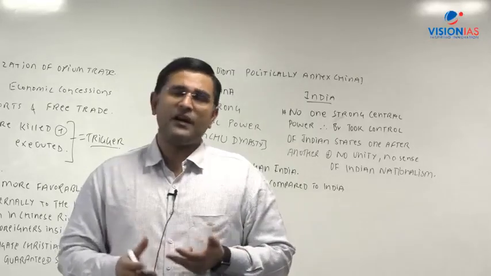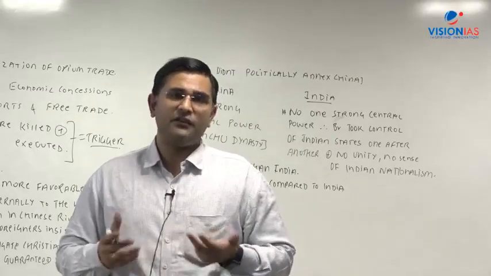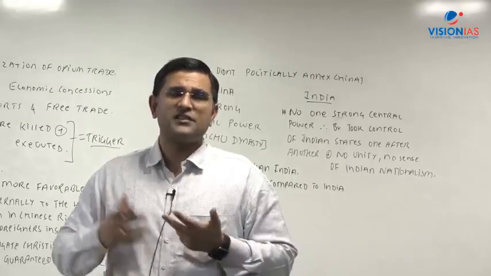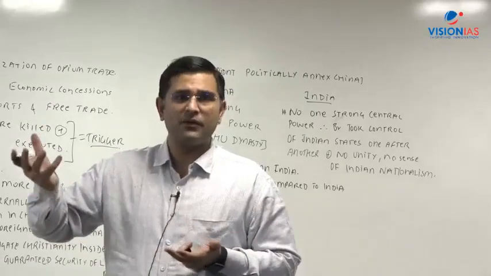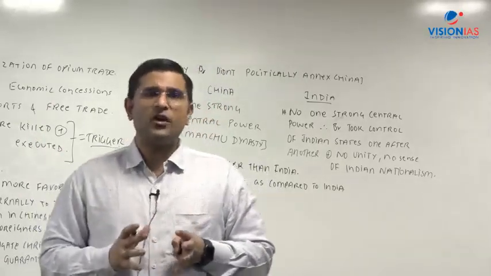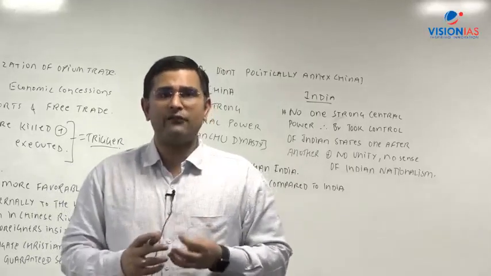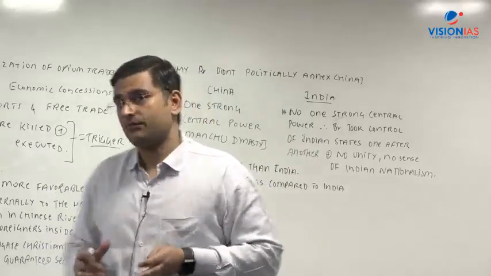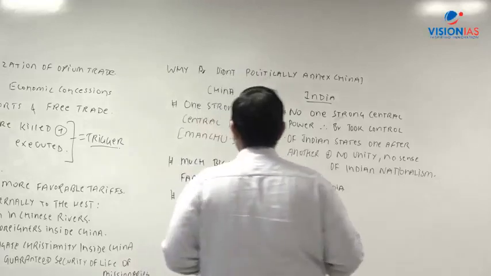For example, after 1858 or 1868, Japan also emerged as a strong regional power. So we see that there were strong rivals who were neighbors of China, whereas in the case of India, that situation was not there.